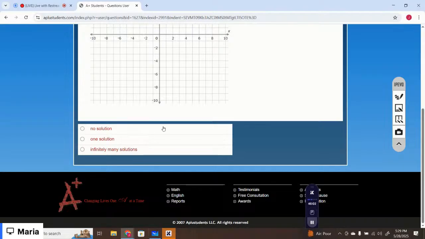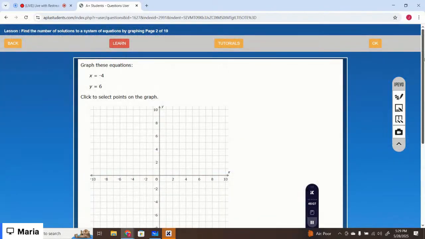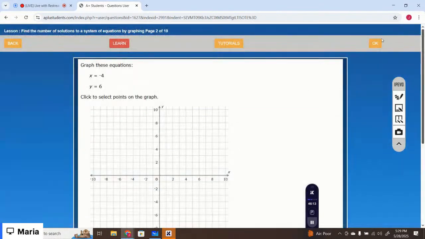The correct option is no solution. One solution. Option number two is the correct option. The equations have only one solution.